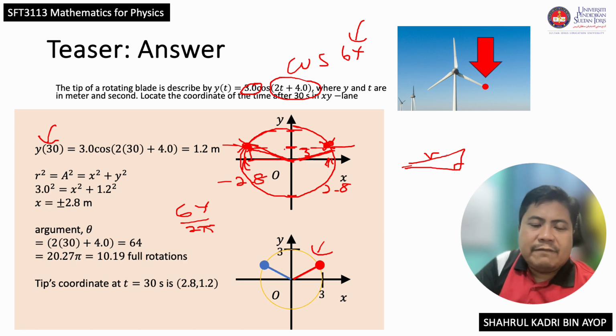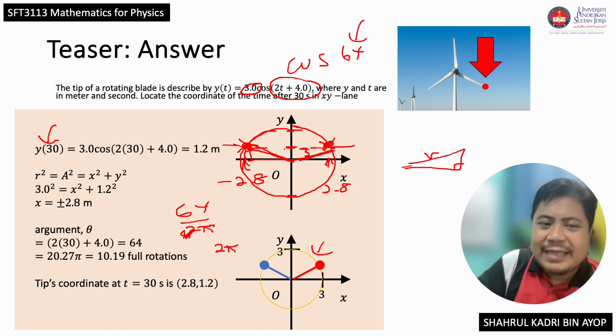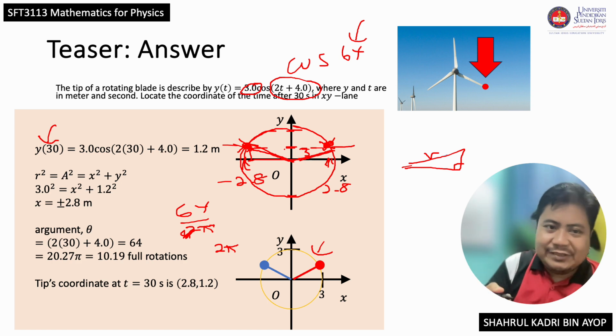So if you divide 64 by pi, you get 20.27 pi. One full rotation is equal to 2 pi, right? So you divide 20.27 pi by 2 pi, and you will get 10.19 full rotations. That means the blade rotates 10 times from x.